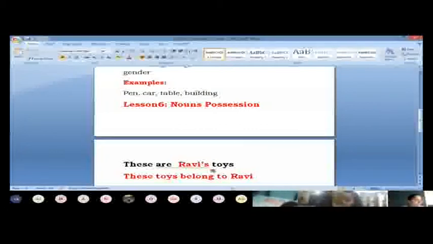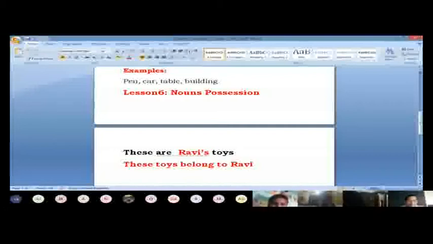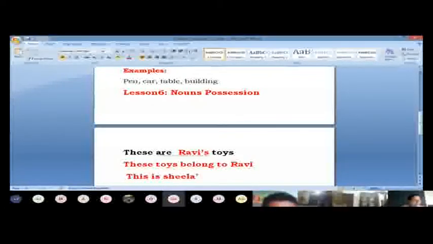This is Sheila's bicycle. How to say this? This bicycle belongs to Sheila. Okay. I will write down 2 examples. Just go through it. Then you may understand. Sheila's bicycle.